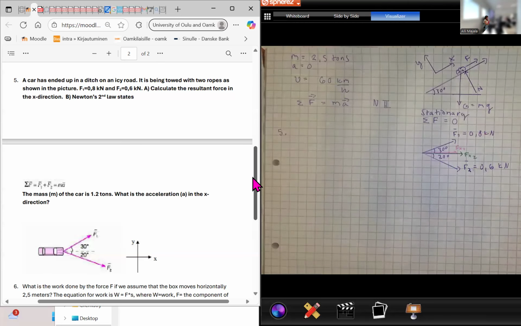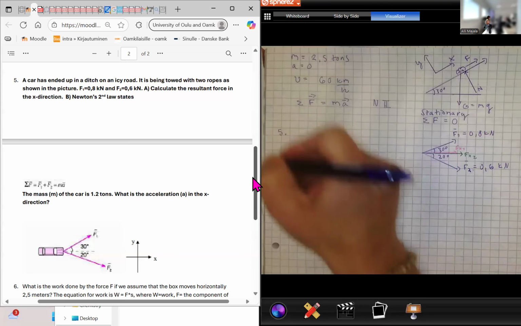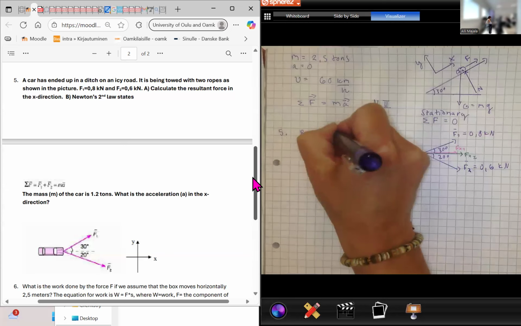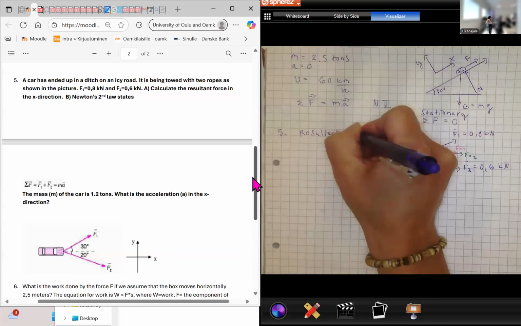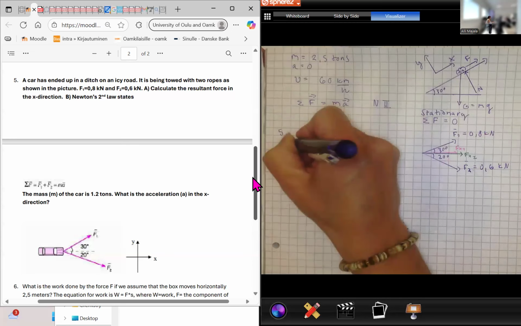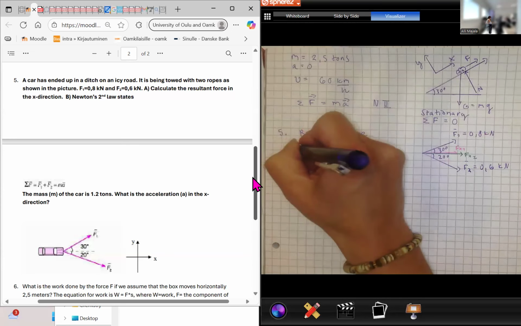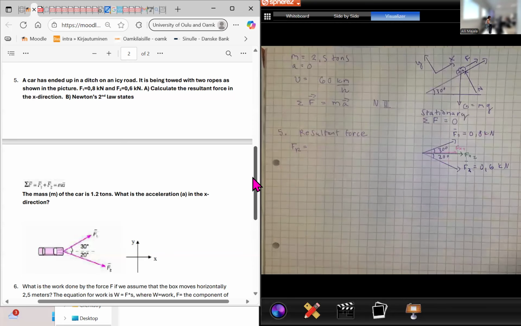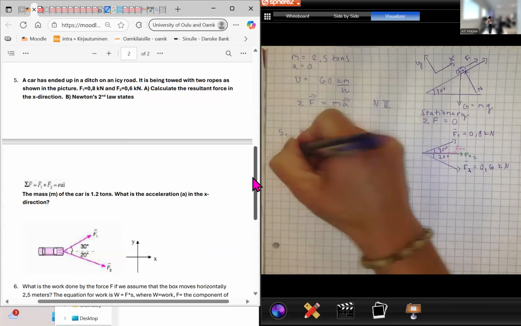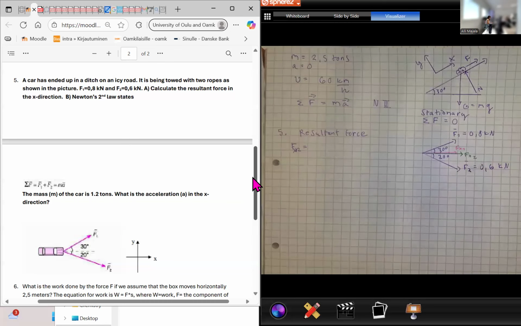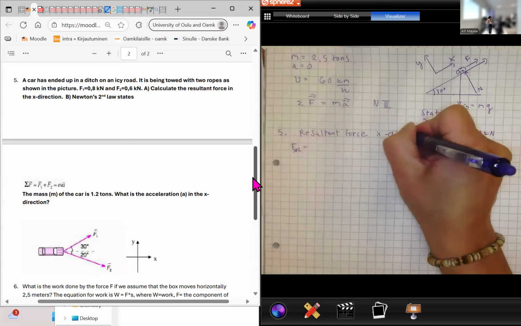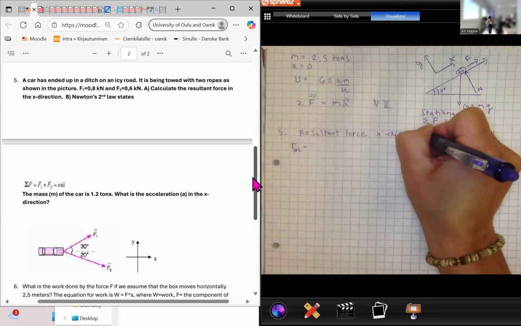So the resultant force, I can mark it with R, for example, in the x direction, to be clear.